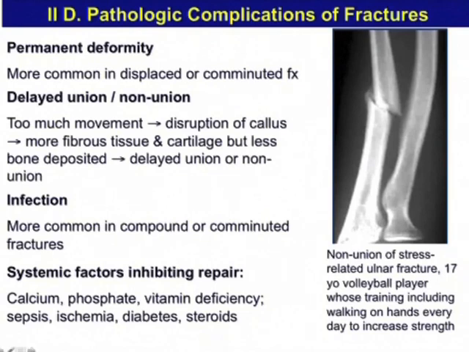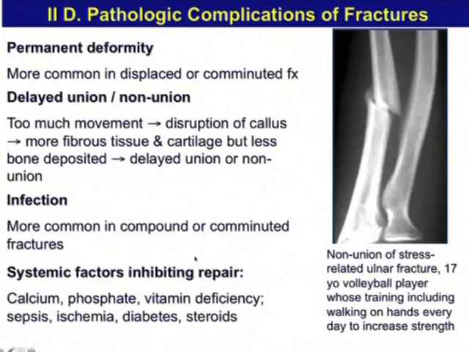So one of the complications of that, we call it a pseudojoint or pseudoarthrosis, which can happen there. You get non-union, delayed union. You are predisposed to getting infections, especially if it's a fracture that opens up to the skin. So, again, Dr. Barnett's talk, I'm sure, goes into all of this.